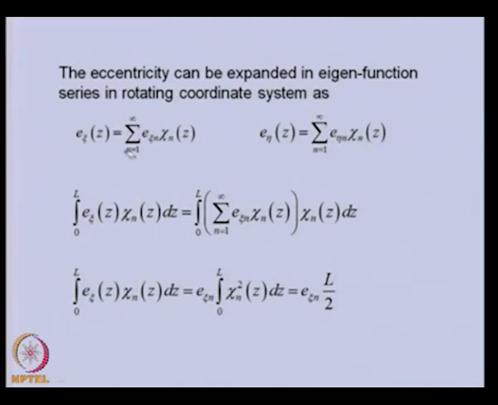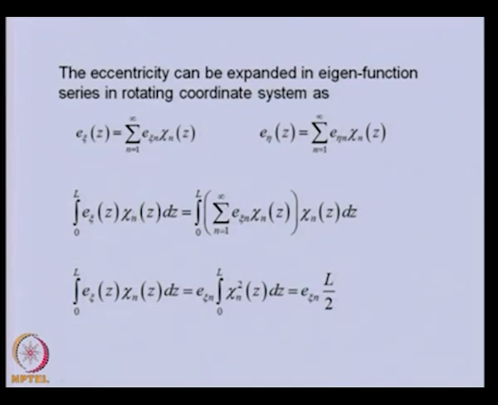If we take one of the equations like this one, we multiply this by the eigenfunction on both sides, and then we integrate over the domain. Generally we multiply by an eigenfunction which is different from the previous one.